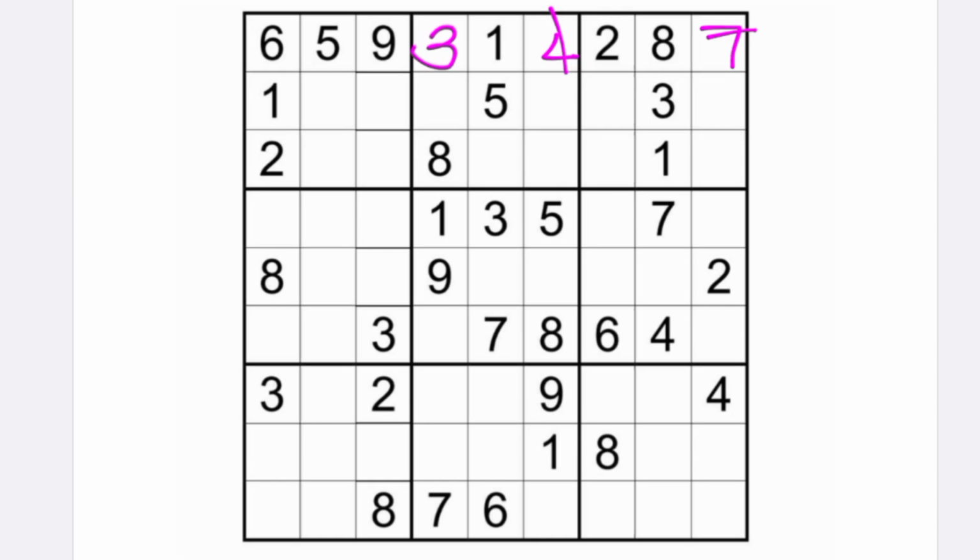So let's try to put number 2 here. But we cannot put the number 2 here because there's already a number 2 in the box.